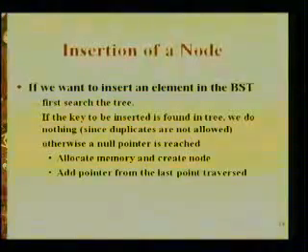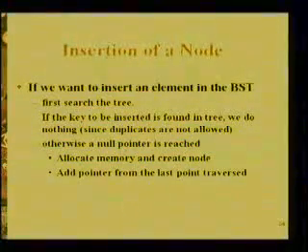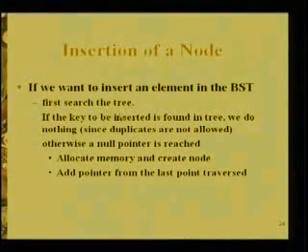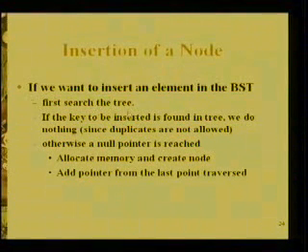But we would like to look into some of the basic operations out of these, and one of the very basic operations which I would like to see here is insertion into a BST. Now, if you want to insert an element into a BST, what are the steps? The first step will be to search the tree. So, if you have written the algorithm for searching, that step can directly be utilized here, but the algorithm should be jotted down for searching also.